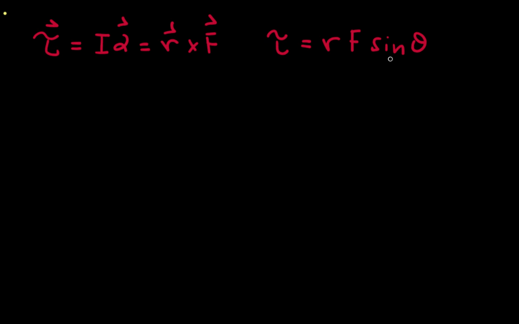And note that sine of 90 degrees is 1, which means that if your r vector is this way and your F vector is this way, you just multiply them together because the angle here is 90 degrees. Okay, so good, rid of that.